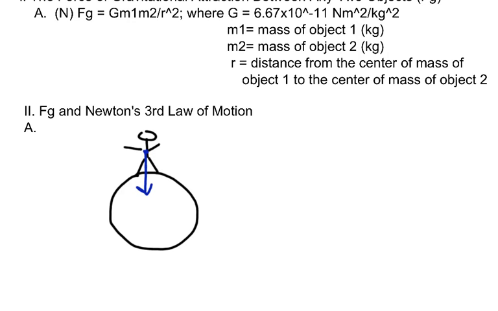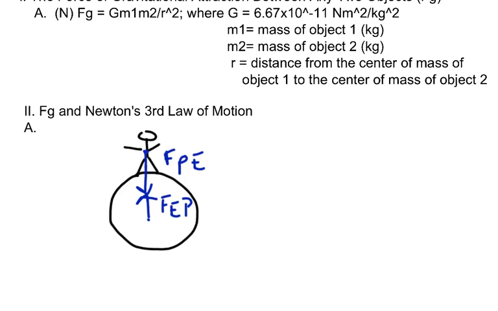There is a force on the person because of the Earth. And there is a force on the Earth because of the person. These forces are equal in magnitude, and they are opposite in direction.